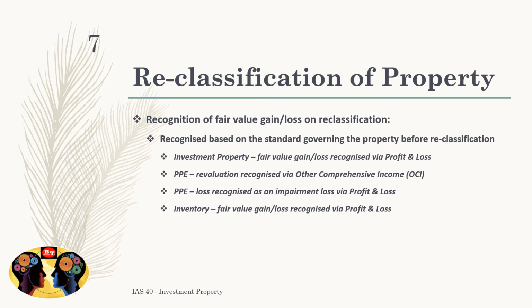PPE: revaluation recognized via other comprehensive income, OCI. PPE: loss recognized as an impairment loss via profit and loss. Inventory: fair value gain or loss recognized via profit and loss.